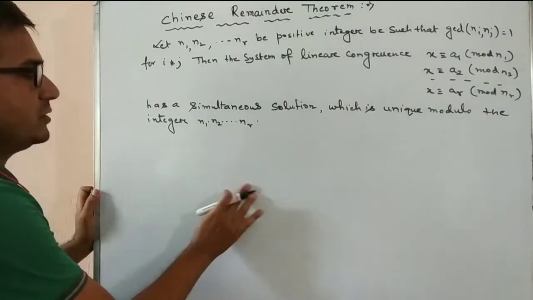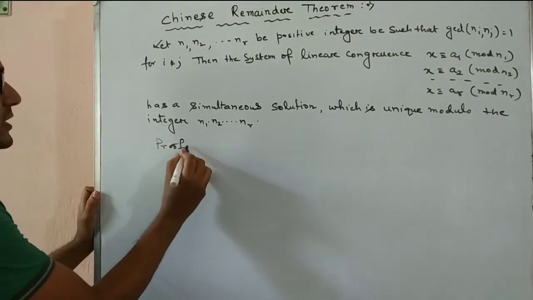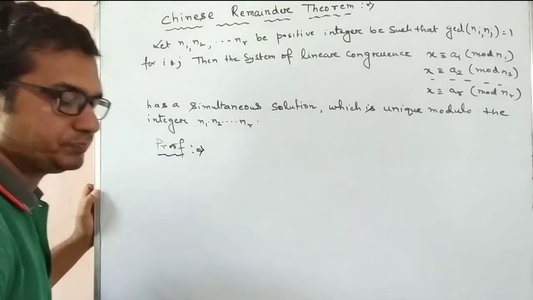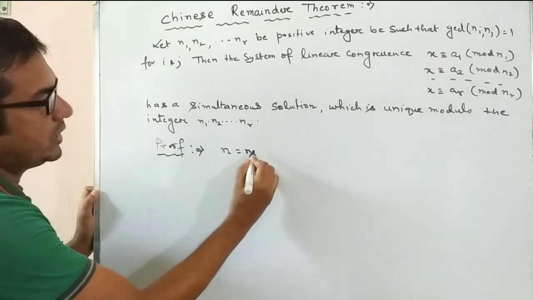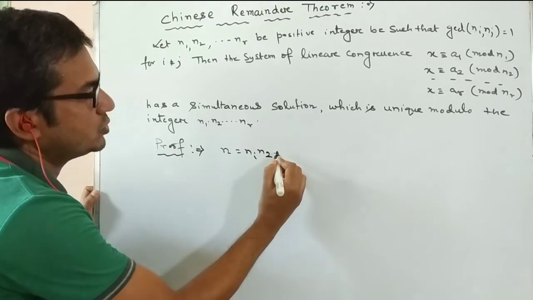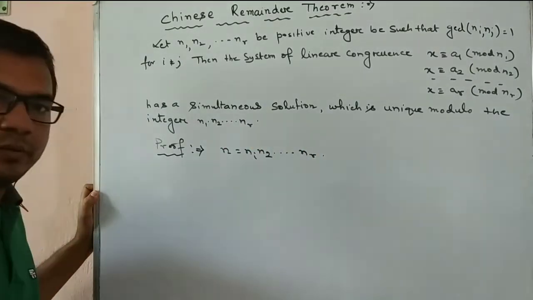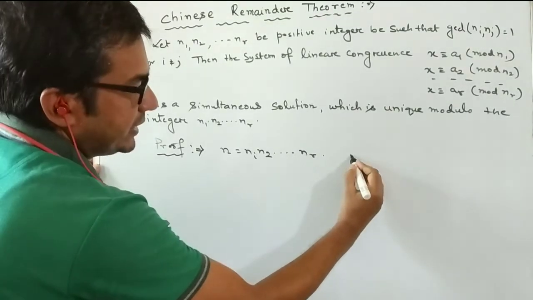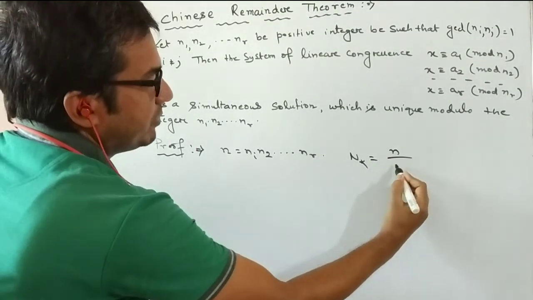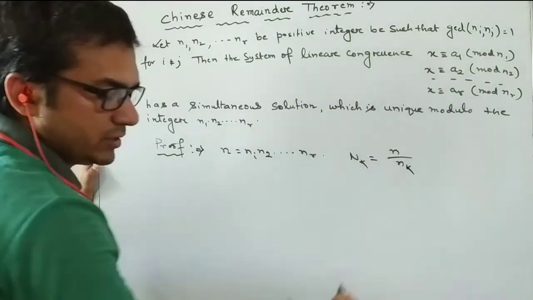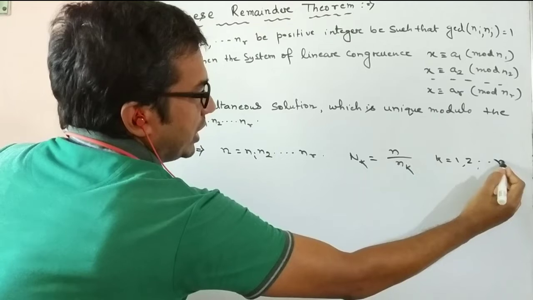Now we are going to prove the Chinese remainder theorem. First we consider n equal to n1 n2 to nr, the product, and let capital Nk equal n by small nk for k equal to 1, 2 to r.